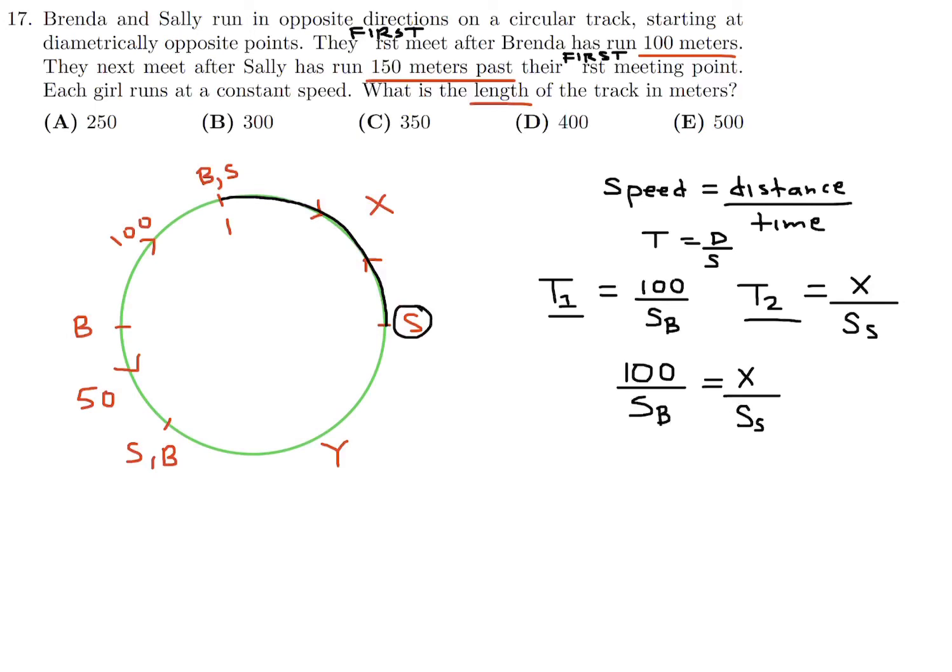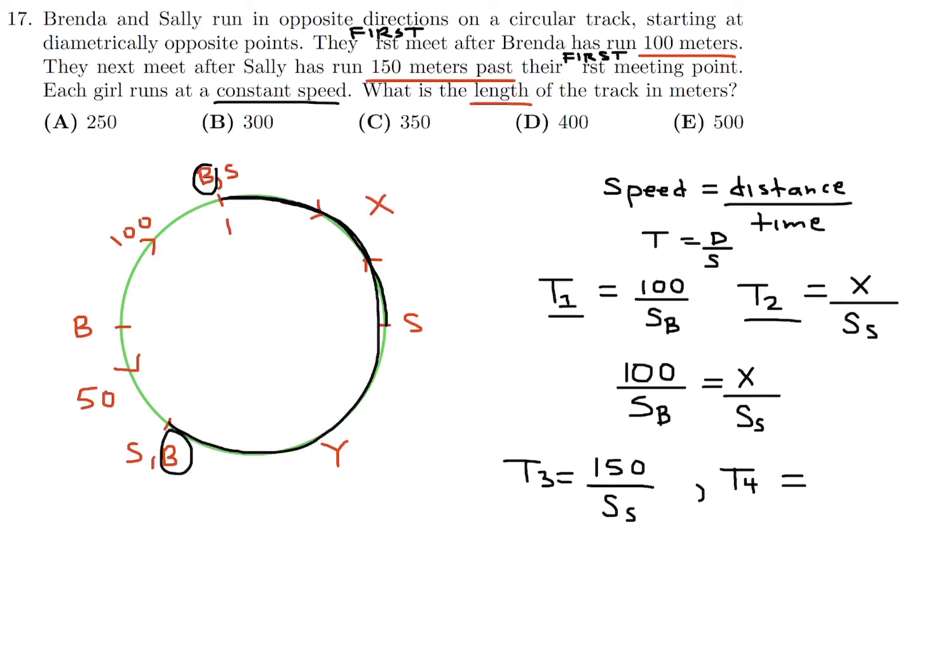So now let's look at the next scenario. Sally was originally here, then she went here, and then she travels to here. So we're going to concentrate on Sally's travel from there to there. When she does that, she basically goes 150 meters. They tell you that. And the speed is the same because they're both running at constant speeds. So the speed of Sally, and then we'll call this T3. And during that exact same time, we'll call it T4, Brenda, who is here, is going to go all the way from there to end up here.